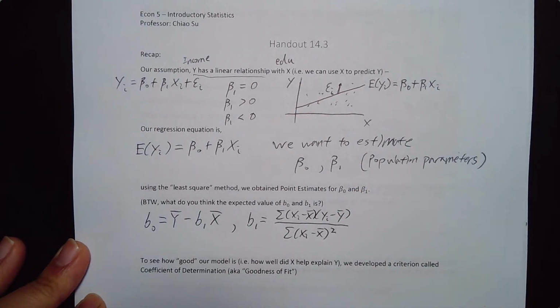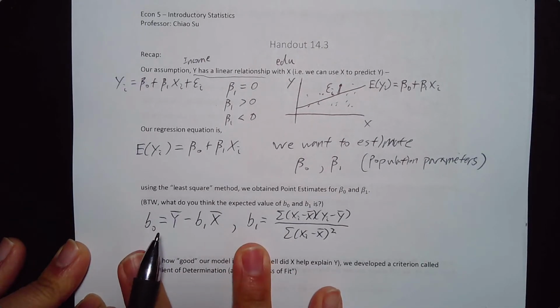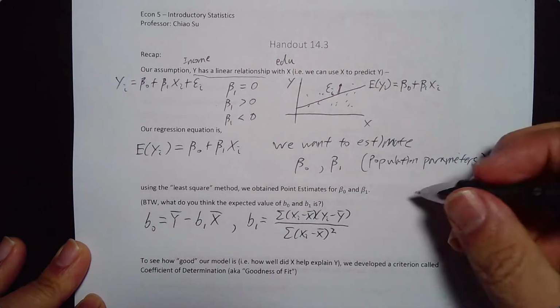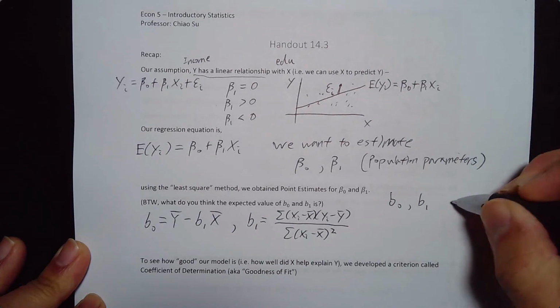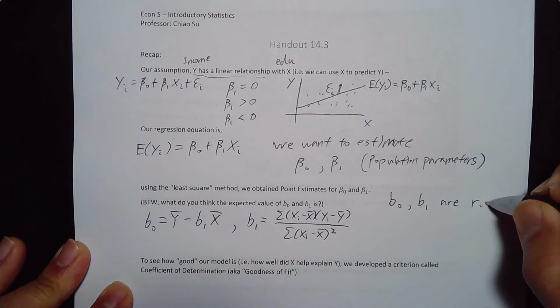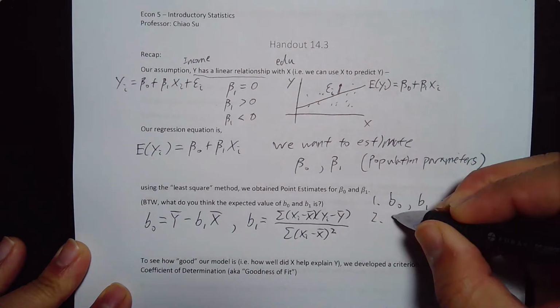Note these are estimators. All estimators are random variables. So b naught and b1 are random variables. That's something to keep in mind. And second, they are unbiased.